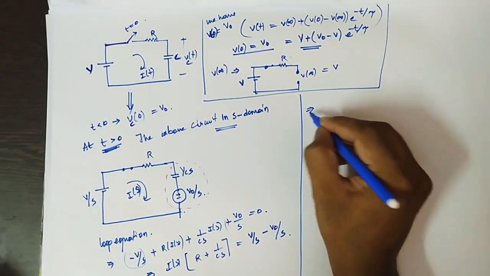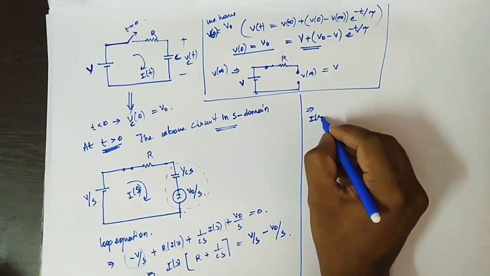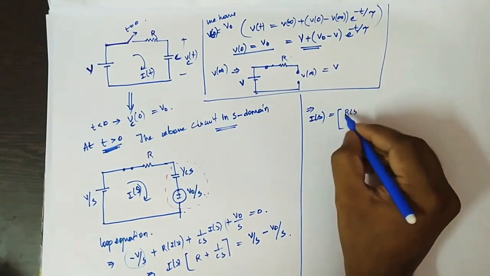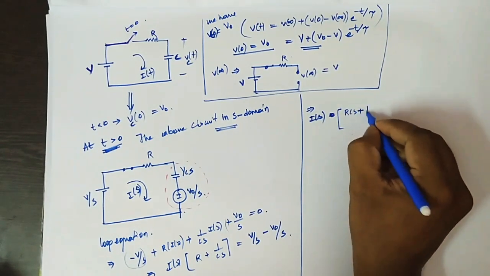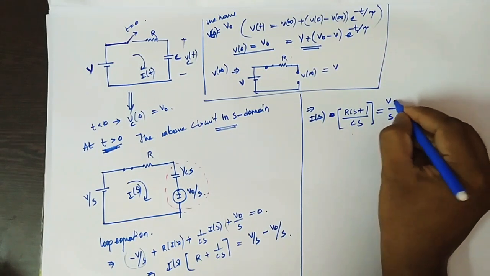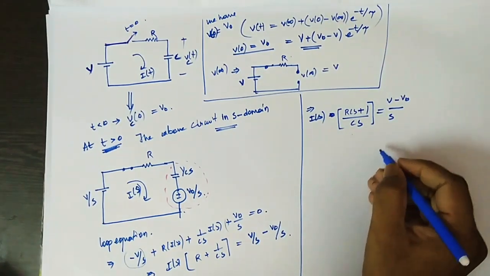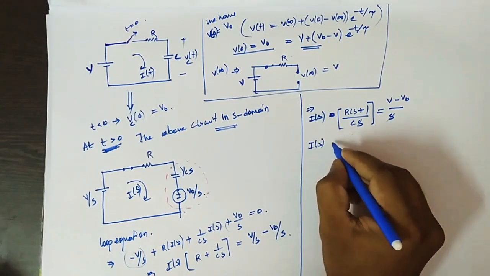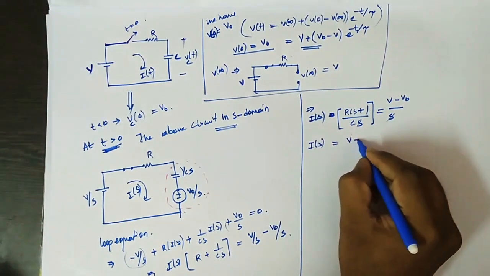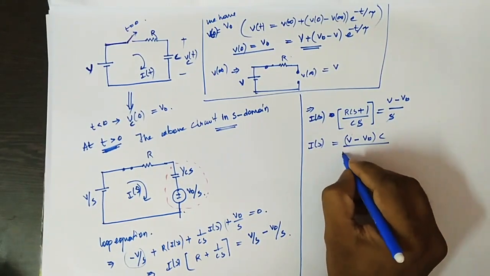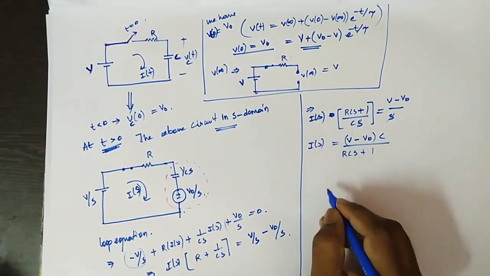Now I of s equal to what? RCs plus 1 by Cs equals s into V minus V naught. So this s will be cancelled. So I of s equal to V minus V naught into C by RCs plus 1.